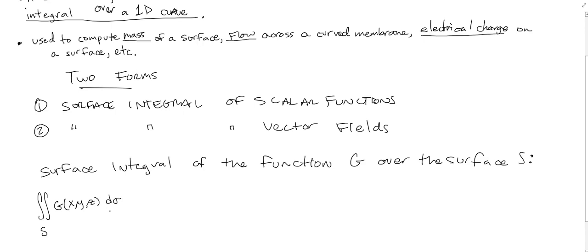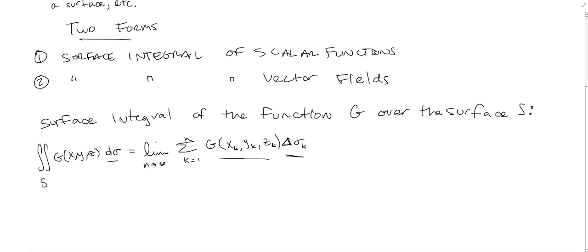We learned about that last time. That was our surface area differential. If we break down this double integral, it is actually the limit of a Riemann sum: the area of a patch on our surface times the function evaluated at a point on the surface. That's our formal definition for the surface integral.